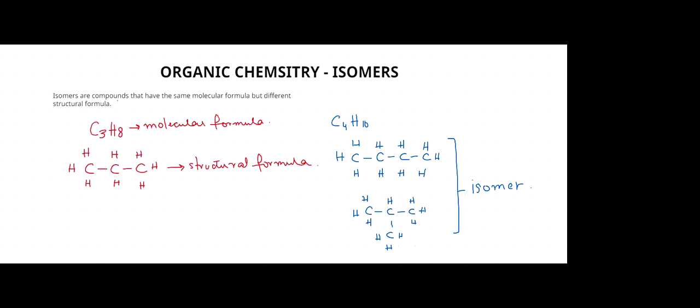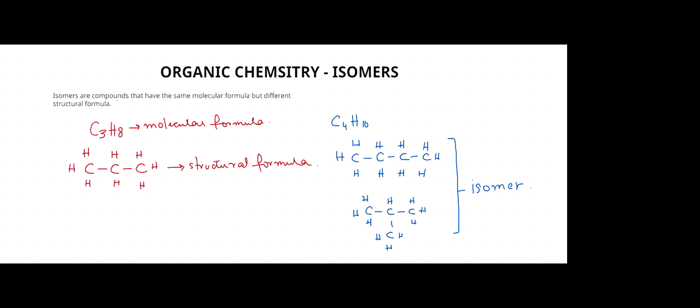Carboxylic acids also have oxygen in them. You have organic compounds that have nitrogen and sulfur. You'll not be studying them, but they do exist. The main important thing is that the number of atoms remains the same, but the structure becomes different.